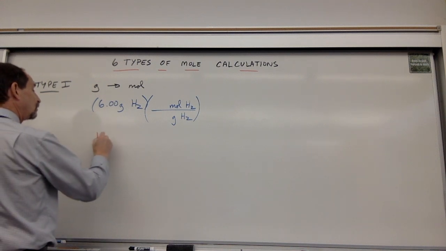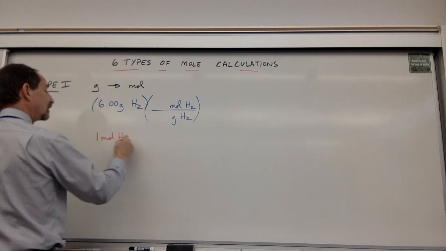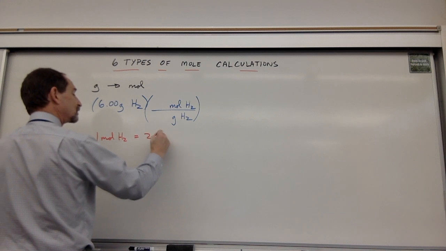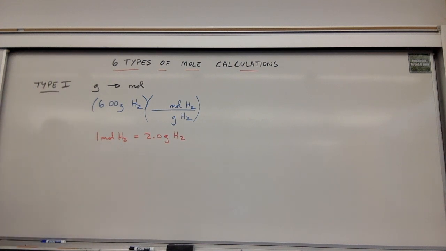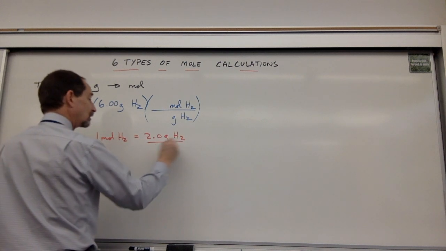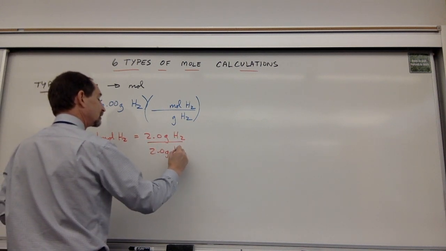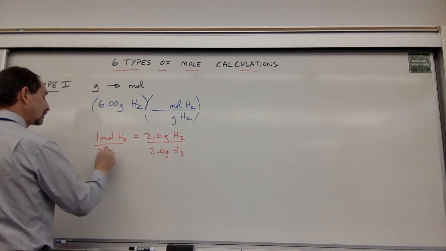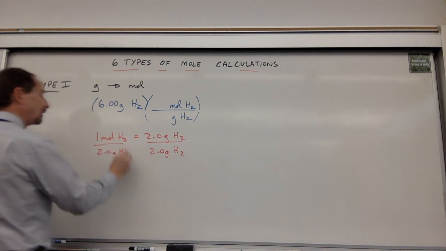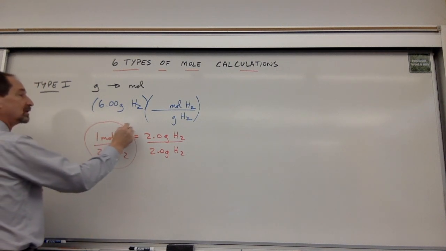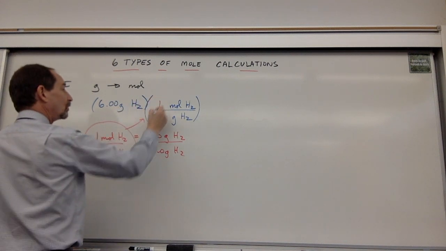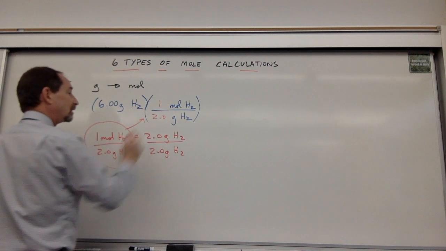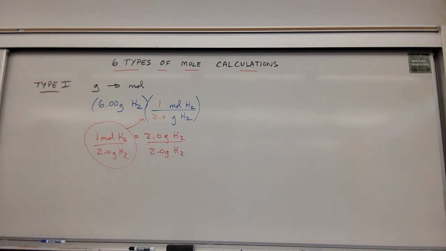I know that 1 mole of hydrogen gas has a mass of 2.0 grams. So I'm simply going to divide both sides of that equation by 2 grams, and then use that unitary rate right there. 1 mole of hydrogen gas, 2 grams of hydrogen gas mean exactly the same thing.